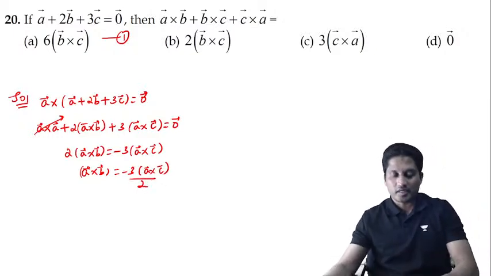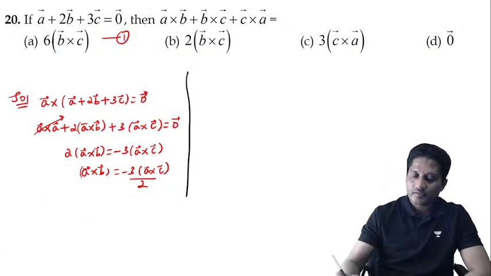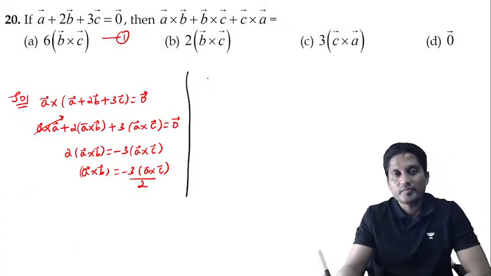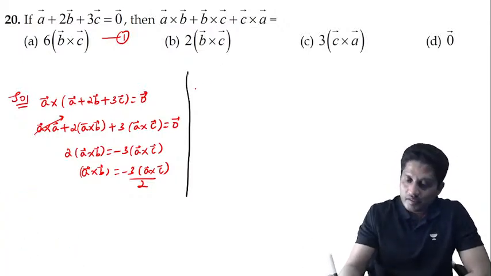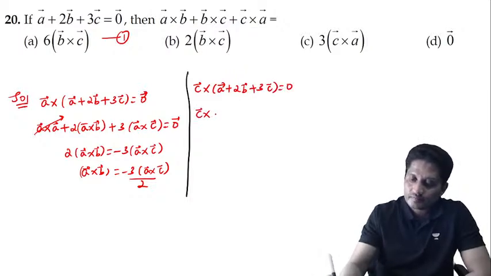Right, and then, now let's start with next. If I take cross product with C, or you can take B as well. You can take C cross with A plus 2B plus 3C. This is C cross A plus 2 times C cross B plus C cross C is 0.